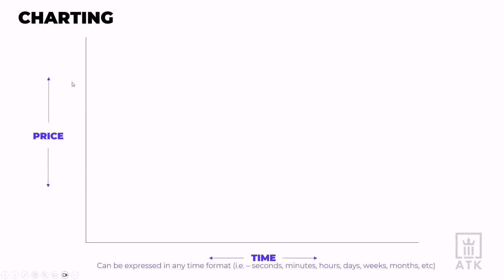Now that price is going to go up and down on different time frames. And so that's this axis here. This horizontal axis is always going to be time. And it expresses what price is at a certain time. And what we know about time is, like Cherie said, that she held her positions for like 15 minutes.